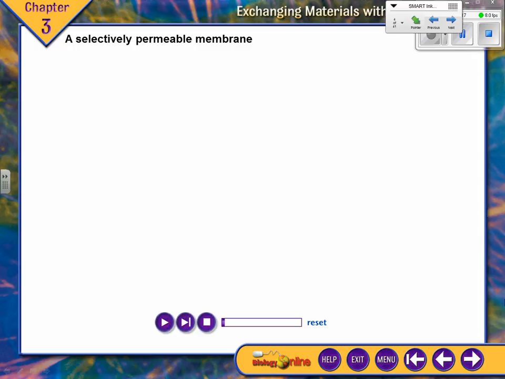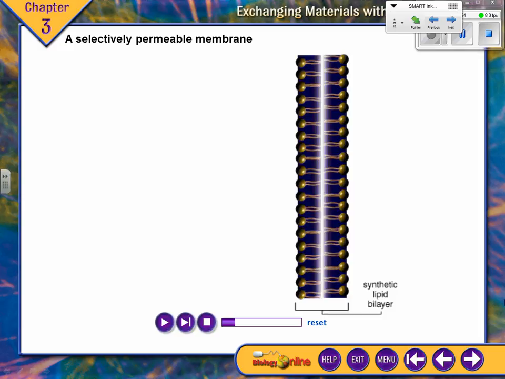Not all molecules are equally soluble in a membrane. The nonpolar phospholipid tails of a lipid bilayer tend to repel charged particles such as ions, but allow fat-soluble molecules to pass. Usually, the polarity, size, and electric charge of molecules determine whether they can pass through a membrane.